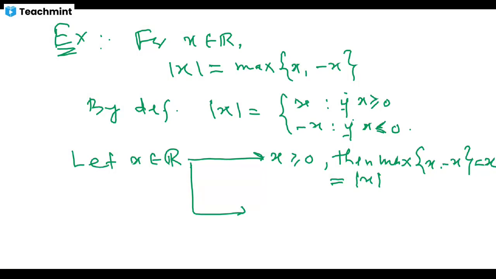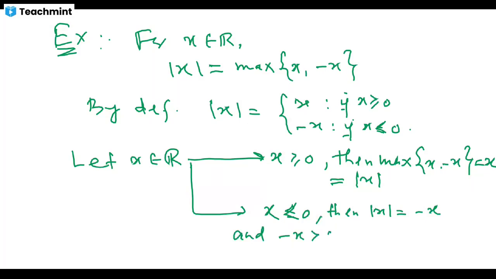And in the other case, when x is a negative number, then mod of x is by definition minus x, and minus x is then a positive number.